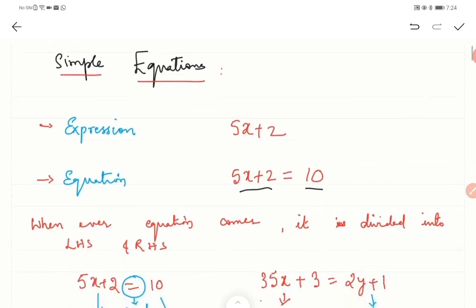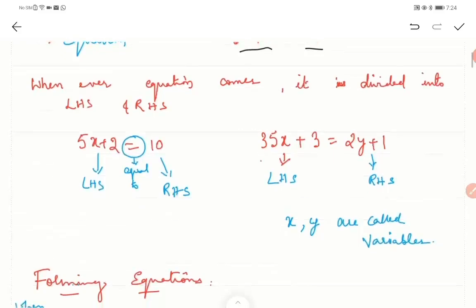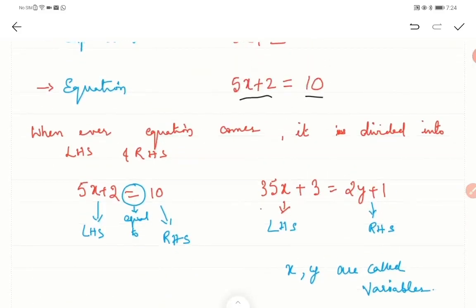Okay, so what are these called, x, y, or anything, p, anything which is given in the equation, okay, which is other than a number. Okay, these x, y, p, and all these are alphabets, right? You call them variables in your math subject.